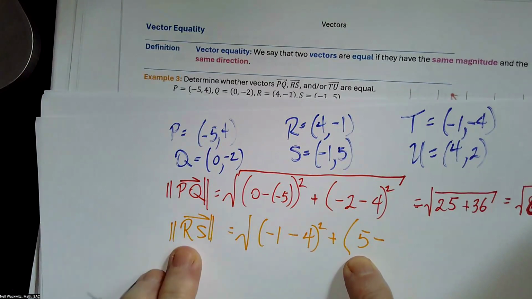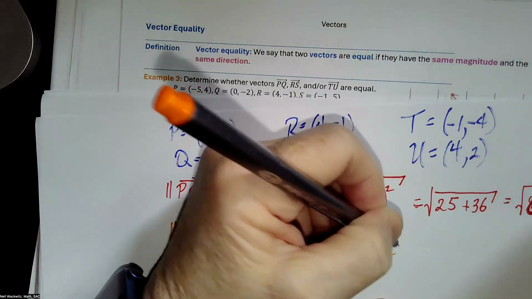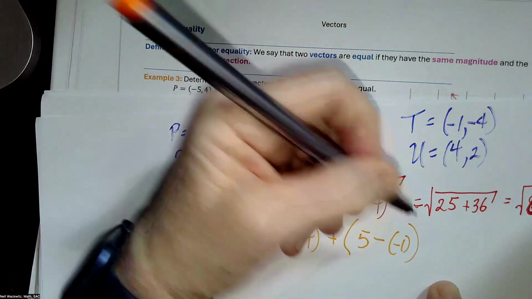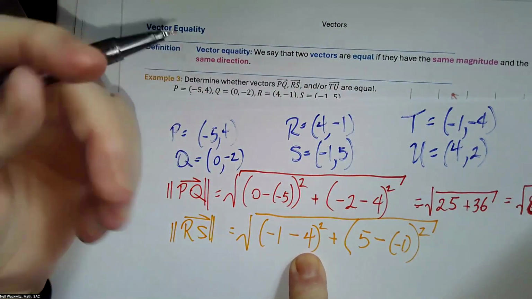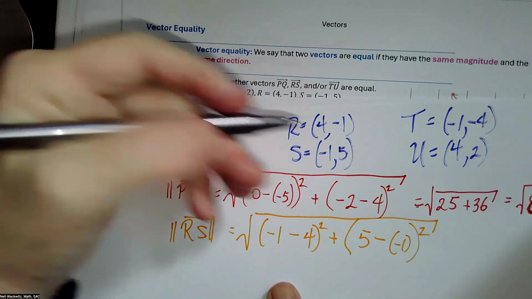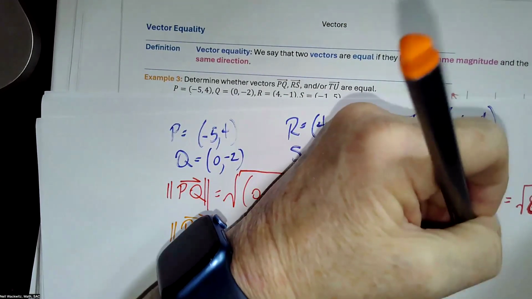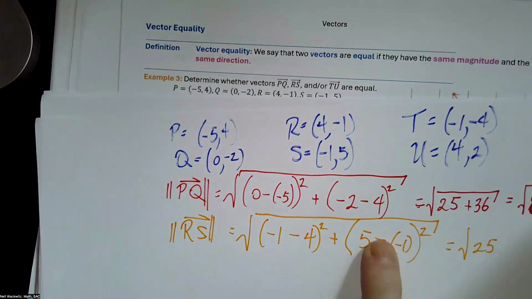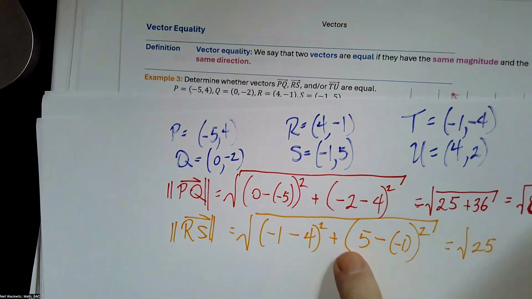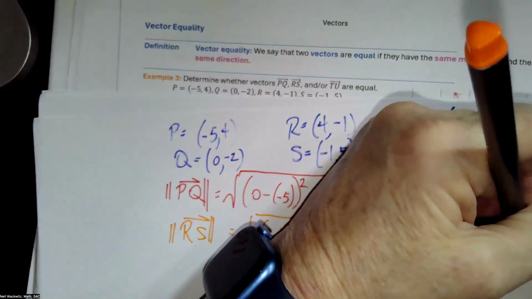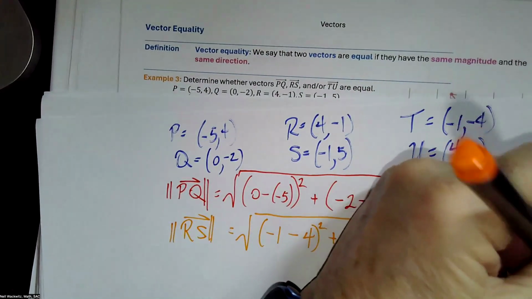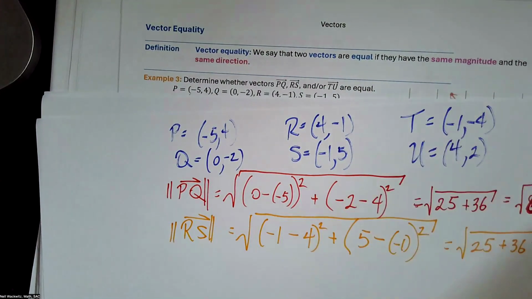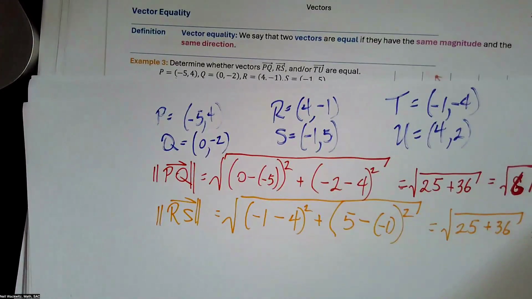The y coordinate of R is -1. -1 minus 4 is -5. Squared is 25. 5 minus -1 is 5 plus 1, which is 6. 6 squared is 36. And you can see that we're getting the same two numbers. So we again get square root of 61.